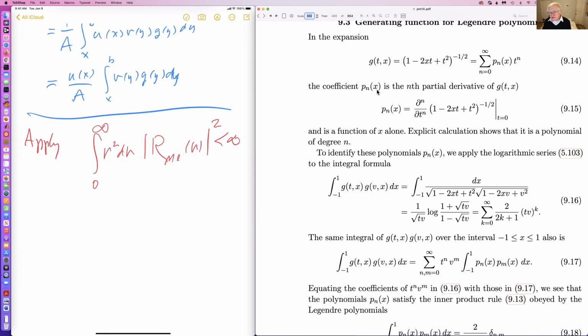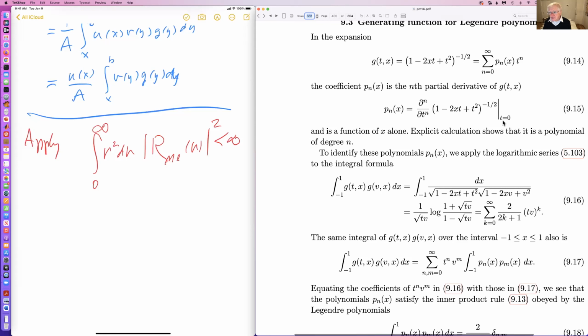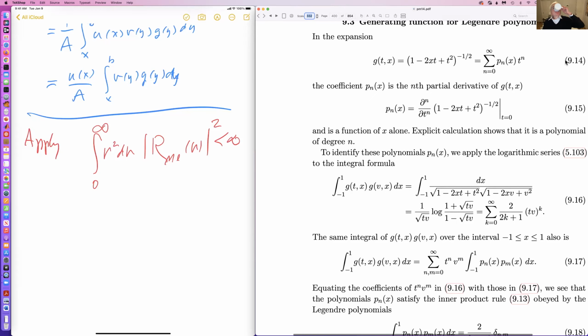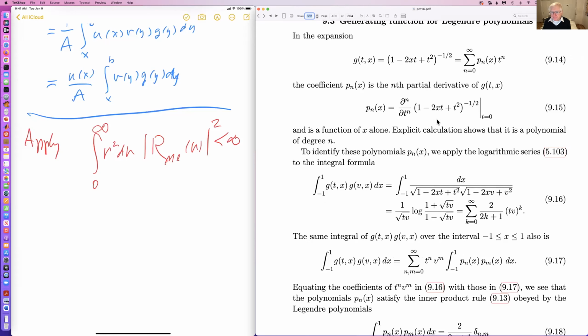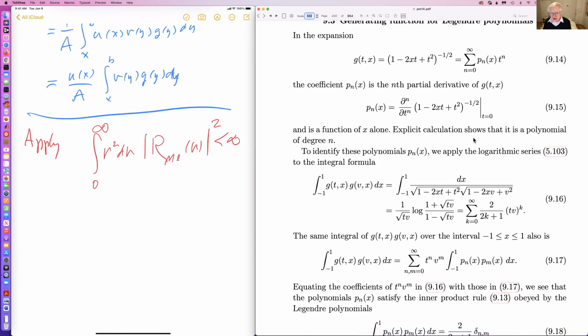Anyway, the coefficient P sub n is the nth partial derivative of g of t and x, evaluated at t equals 0, because this is a Taylor series of this function about the origin on the t line. And this is just a function of x. And one can show that it's actually a polynomial of degree n.